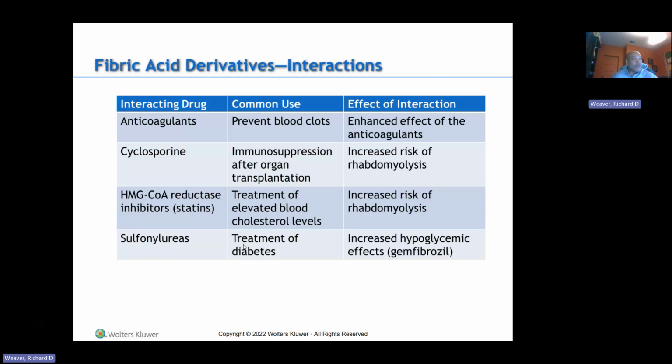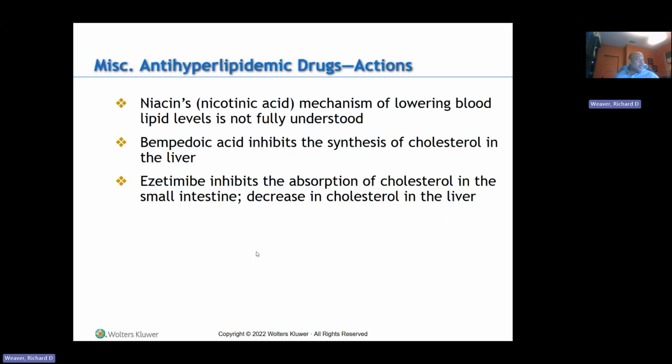We give these types of drugs, cyclosporine. But if we give it with these fibric acid derivatives, it can cause an increased risk of rhabdomyolysis. So you have this toxicity to our muscles. And so you have to watch these patients. All right, and just take a look at the rest of these.